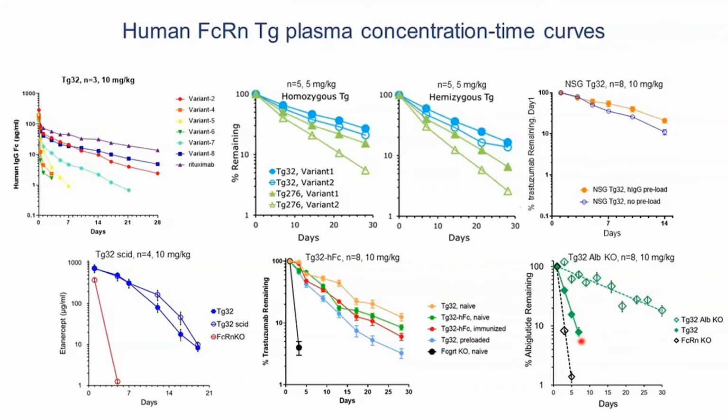It's protected a little better than the FcRn knockout, but only somewhat. So when you then characterize this molecule in TG32 albumin deficient mice, you can see that it's well protected because there's no competition from the mouse albumin.